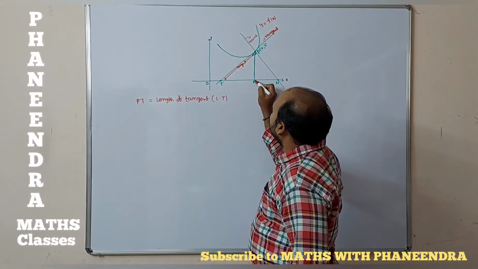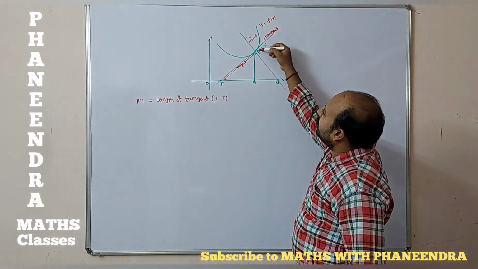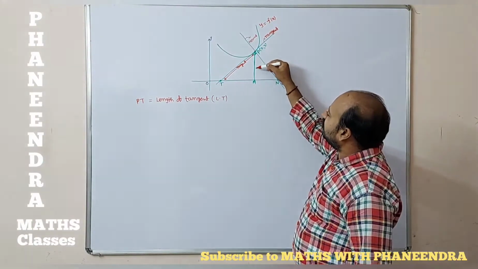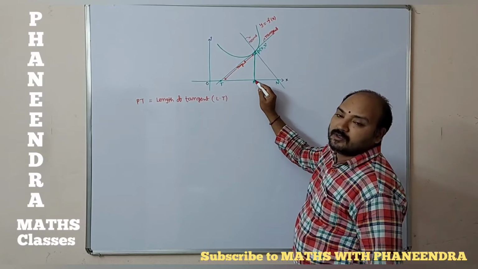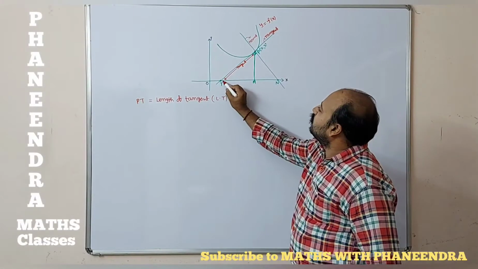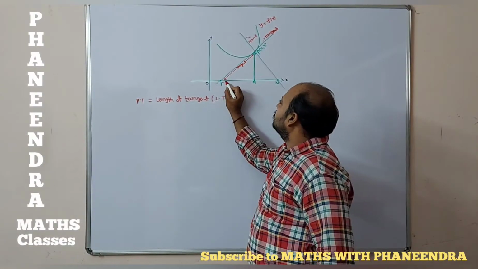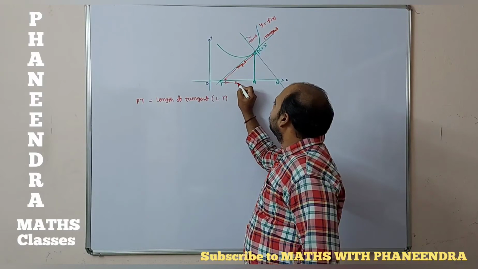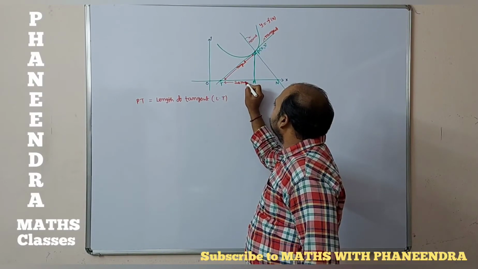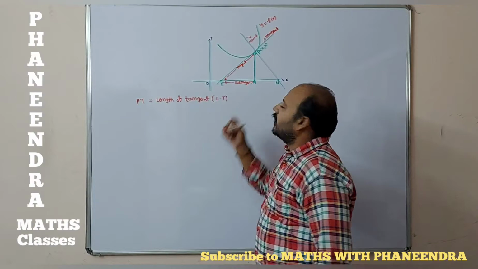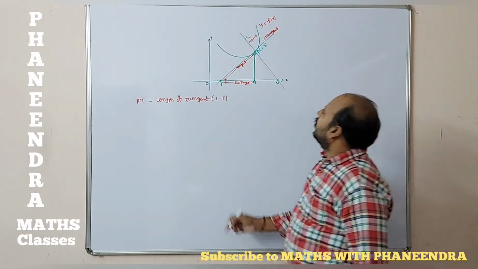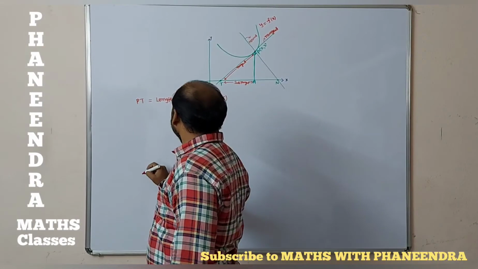From point P, you draw the perpendicular which meets x-axis at the point M. So from T to M, this length is subtangent. So from the figure, MT is subtangent.